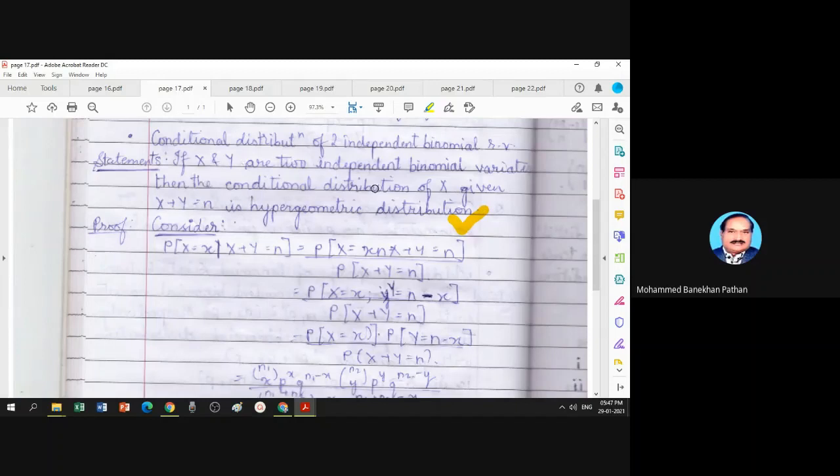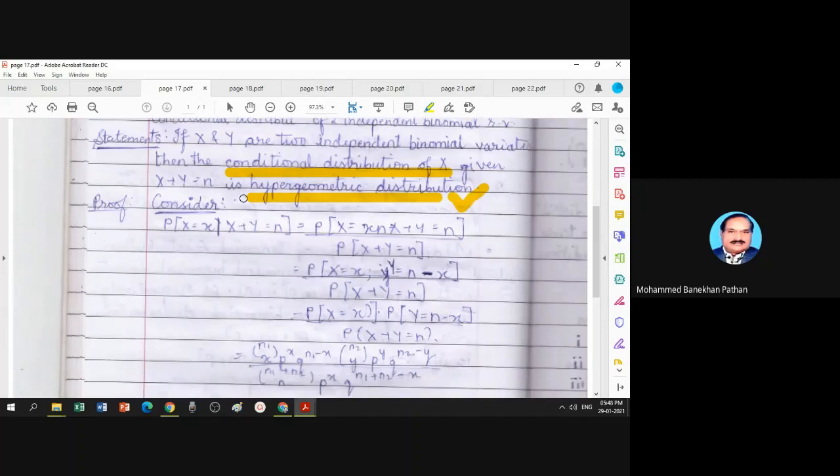What the statement says: you have two binomial random variables and you are trying to get the conditional distribution of X, you can put here Y, doesn't matter. X given X plus Y, the conditional distribution is hypergeometric. That is nothing but a statement, you can say the result.